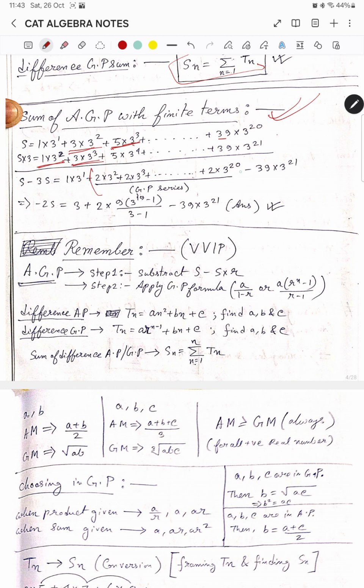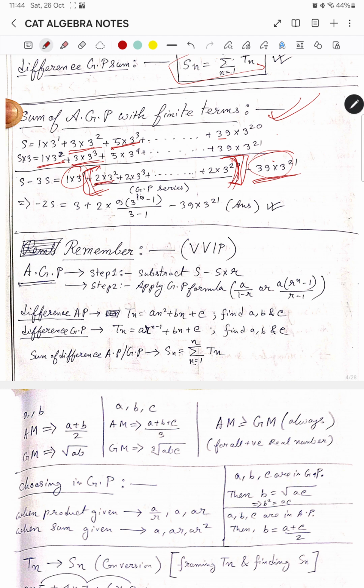So from here onwards, you will find a GP series. The first term and last term you need to calculate separately. The sum of the first n terms in GP is a into r power n minus 1 by r minus 1.